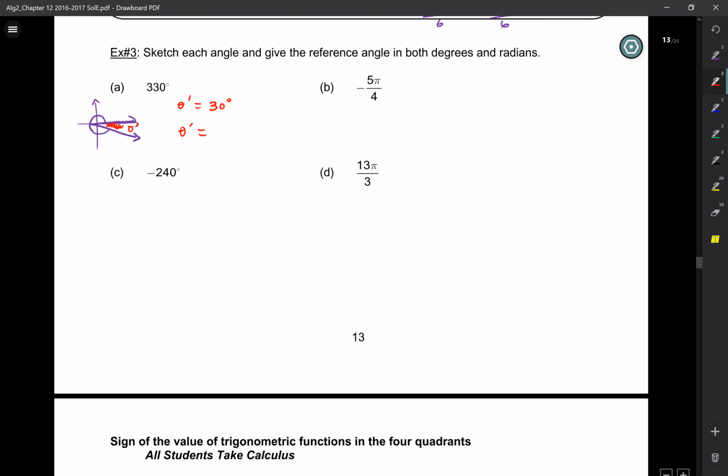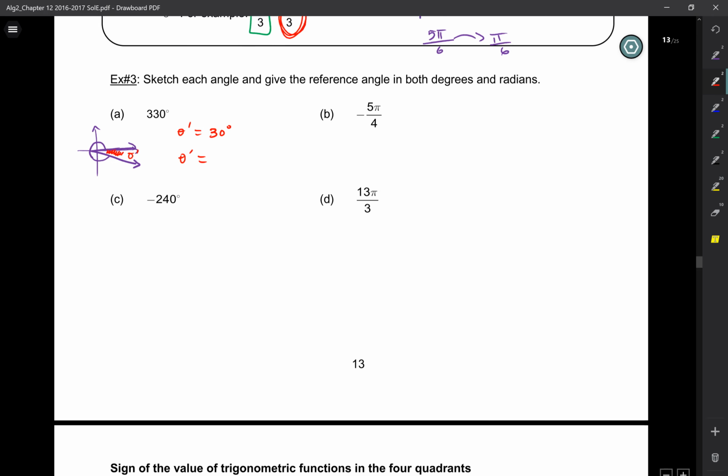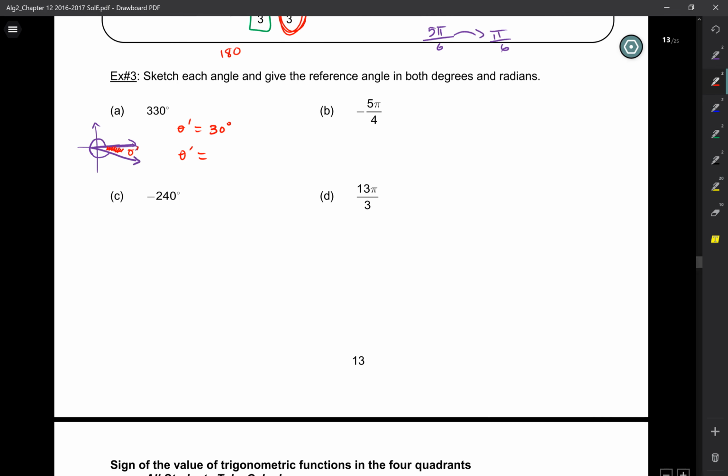In radian, how much is 30 degrees? All right, so, okay, how much is pi in degrees? 180, right? What would I have to do to 180 in order to get 30? 180 over what would be 30? 180 divided by how much? 18 divided by what is 3? 6.